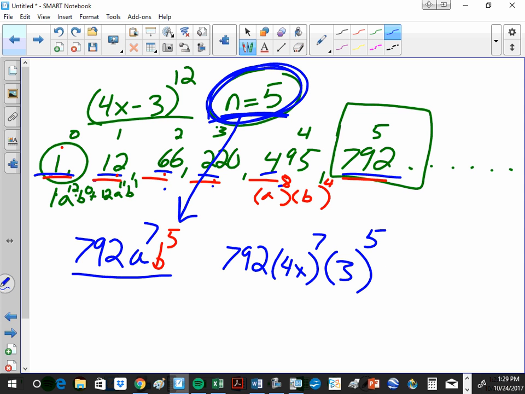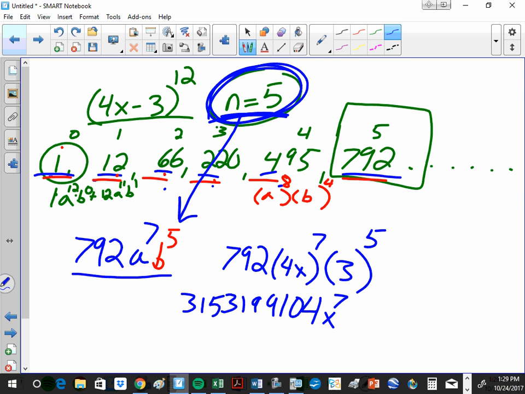So in my calculator, I will type in 792 times 4 to the 7th times 3 to the 5th, and I get, oh boy, big number. 315319910 what? x to the 7th. Do we have any y's? Nope. Am I done? Yes.